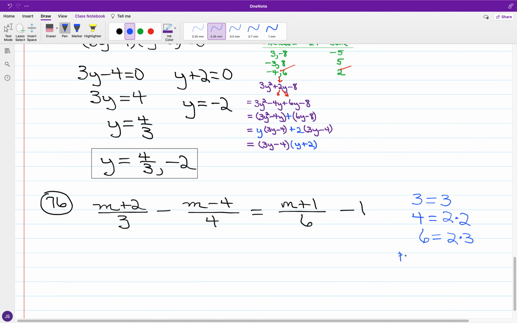And again, with the primes, no variable in any of the denominators, so you got your primes at 2 and 3.